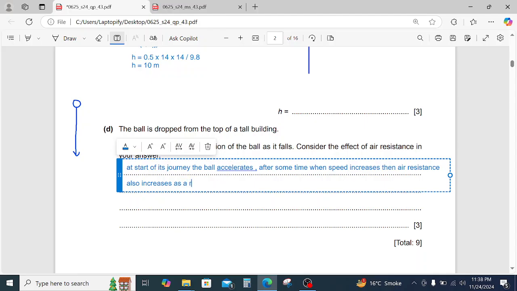As a result, the ball starts to decelerate. Is it clear? So this is your complete answer.